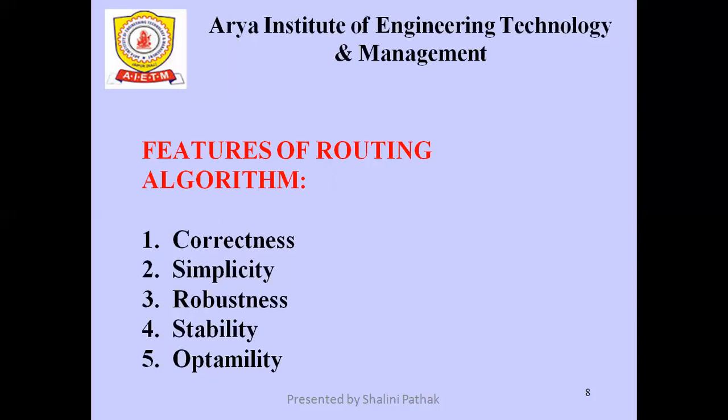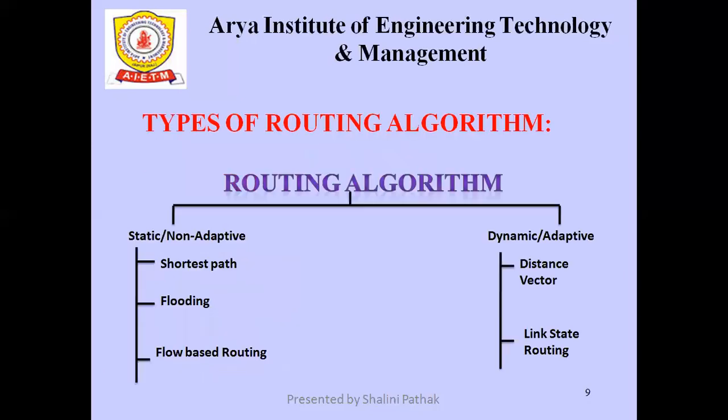Fourth, stability. Routing algorithms should be stable under all circumstances. The last point is optimality. Optimality should be in terms of path throughput and minimizing packet delay, so that in a limited period of time a packet can reach the destination.